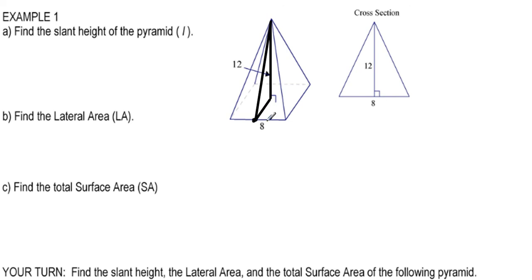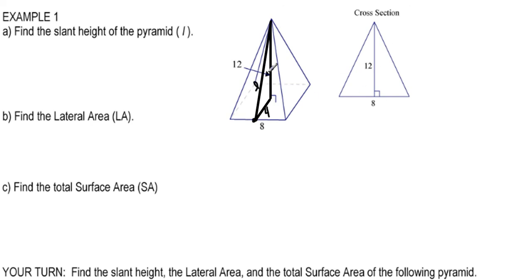At this point, this distance here from the middle of the square, which is our base, to the endpoint would be half of the whole length here, which is 8. So this length here would be 4. They already gave us the altitude, which is 12, and we're looking for L, the slant height.